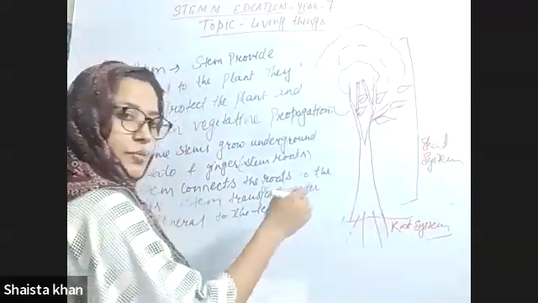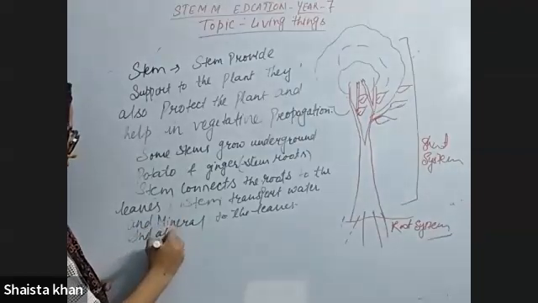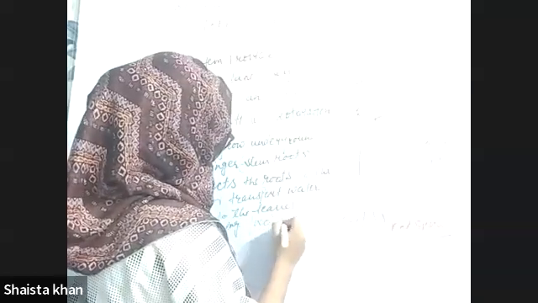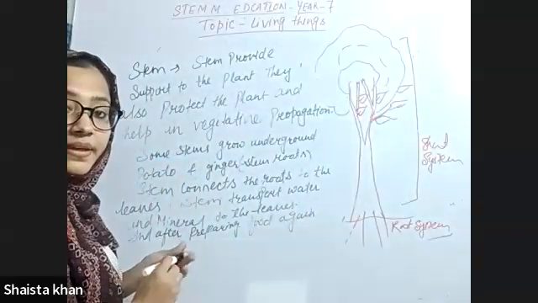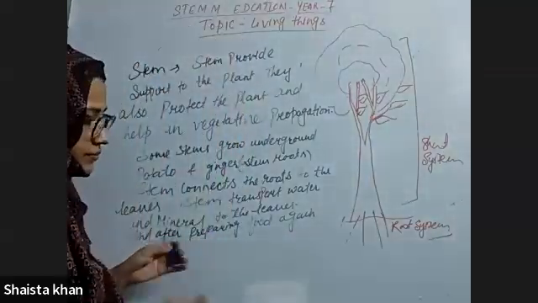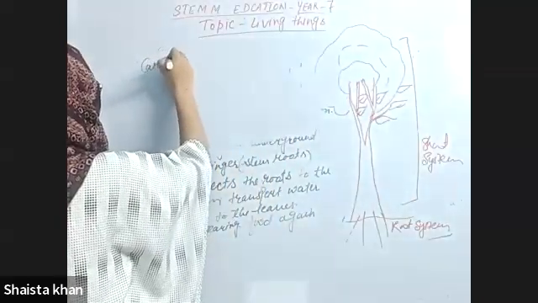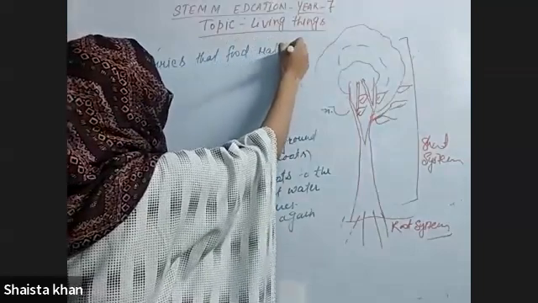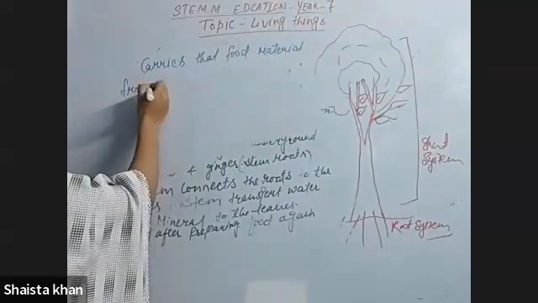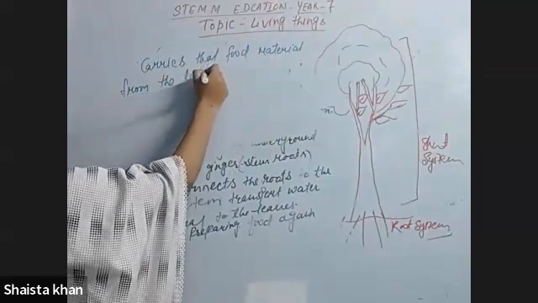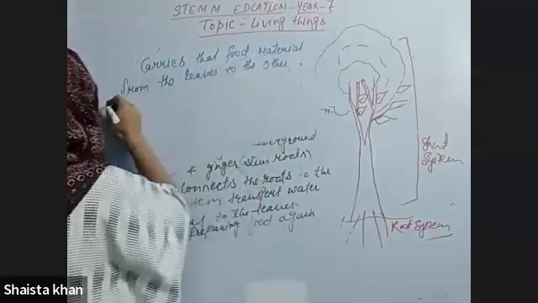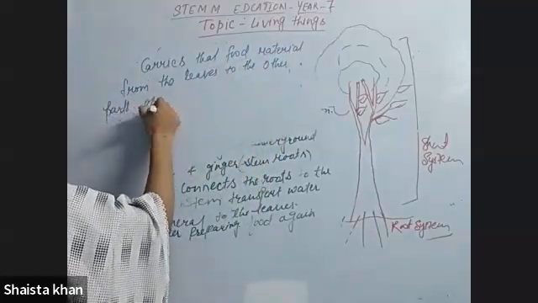Why? To prepare food. And after preparing food, again the stem carries that food material from the leaves to other parts of the plant.